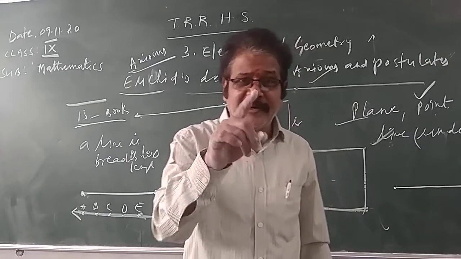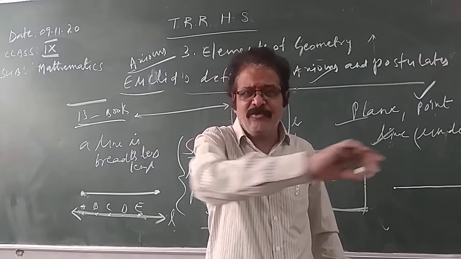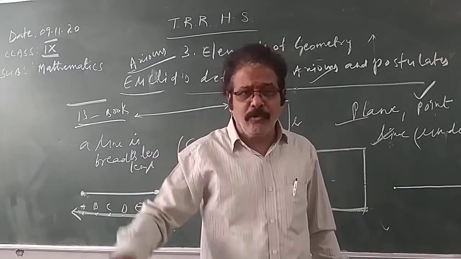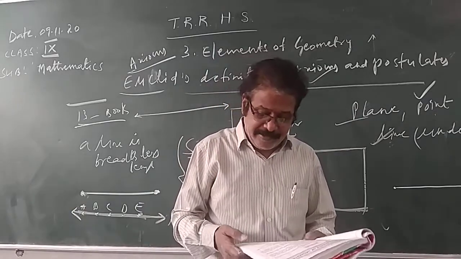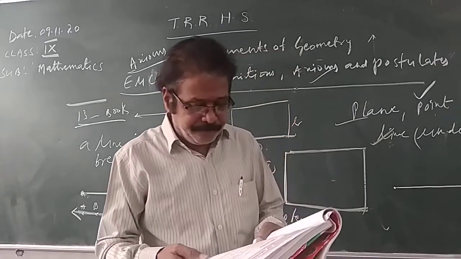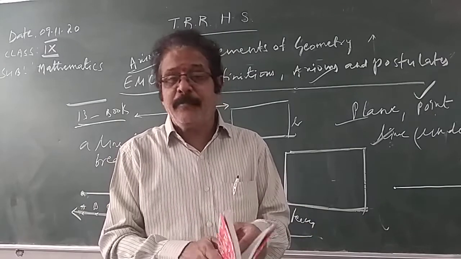I hope you clearly understood about the axiom. What is an axiom? The statement which has no proof, no evidence. Self-evident statements need not be proved. Such statements are called axioms and postulates.